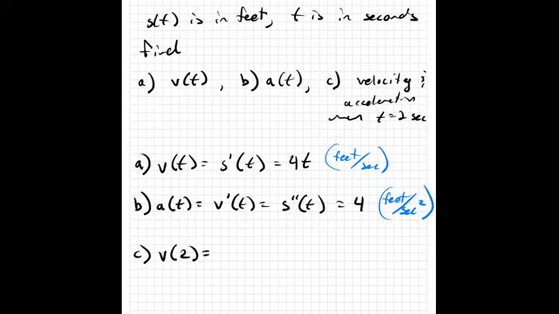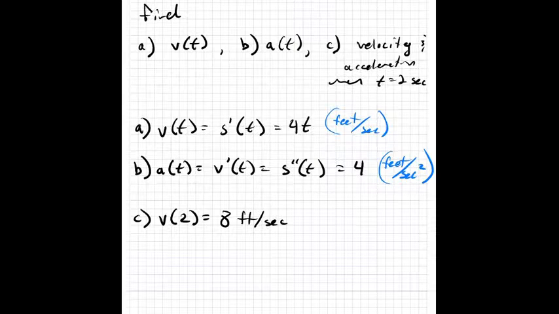And the acceleration after 2 seconds, there's no t there, so it's just going to be 4 feet per second squared. Okay. So I think that means the speed increases by 4 every second. I think that's how that goes, right? Okay.